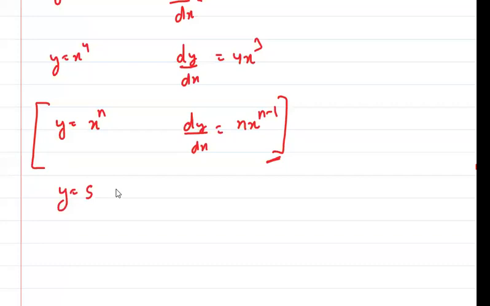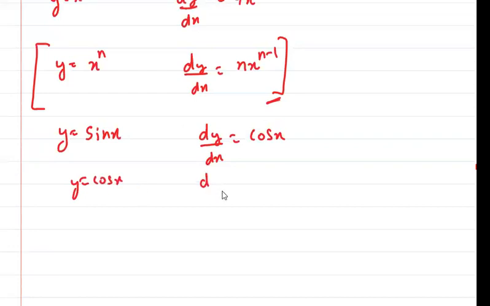For example, trigonometric function जैसे sin x हो गया, तो dy by dx जो होता है इसका, ये derive नहीं करेंगे हम लोग अभी, cos x हो जाता है. ठीक है? फिर if y is equal to cos x, then dy by dx will become minus sin x. ठीक है? तो ये सब भी होता है, बट याद रखना है. ठीक है? ओके, sin x का cos x है. ठीक है, सबको समझ में आ रहा है?